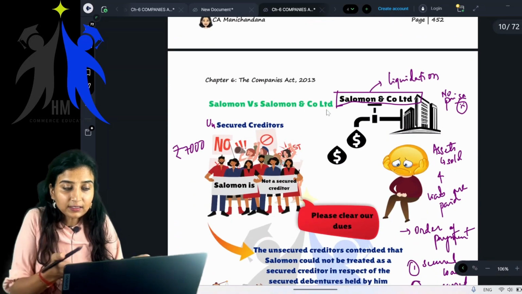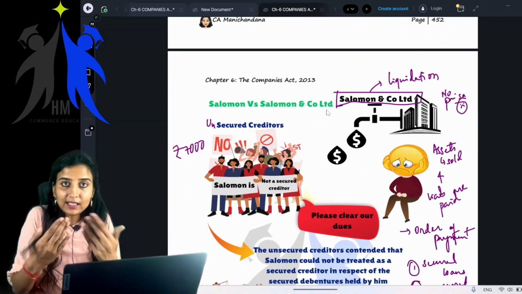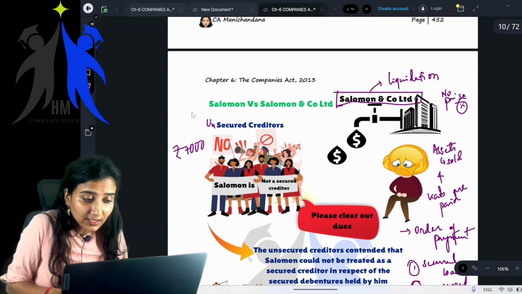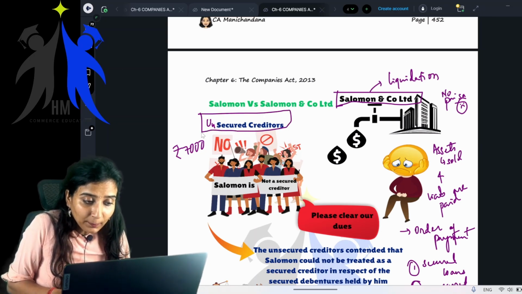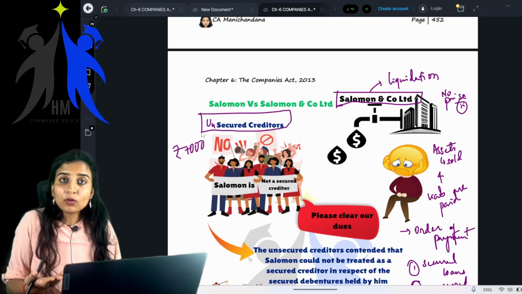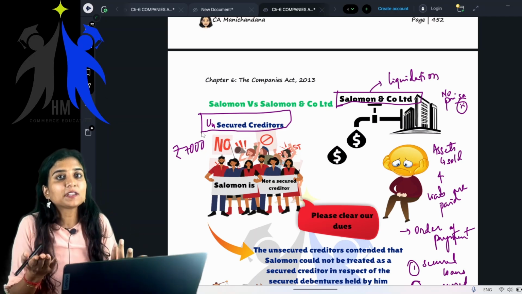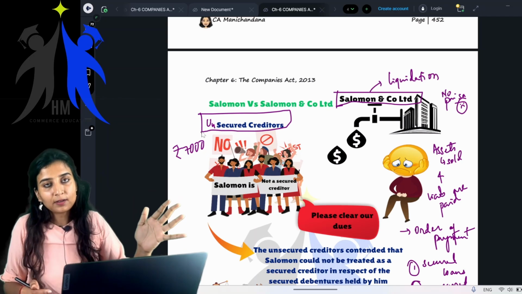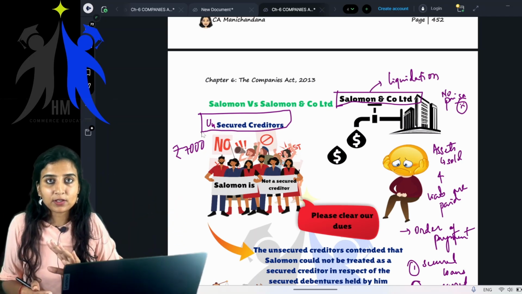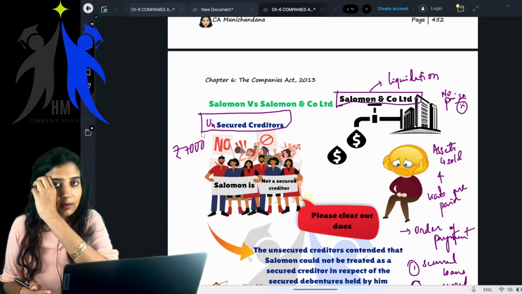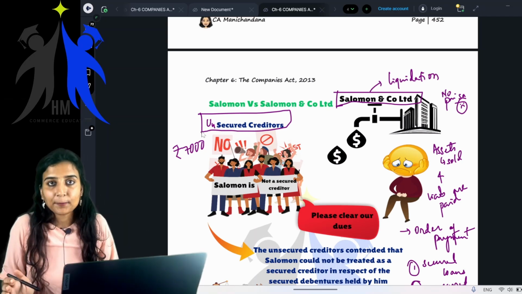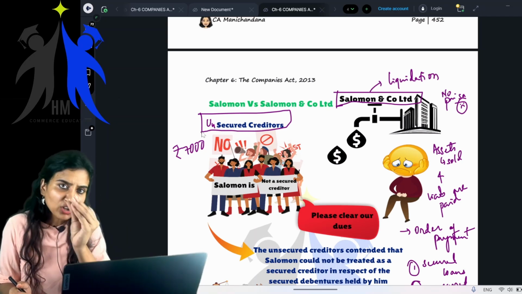Whereas these real third parties who have actually lent to the company are unsecured creditors, meaning their loan is not secured by the assets of the company. So if the assets get over by paying off the secured debenture holders, these unsecured creditors don't get anything, or they'll get only a little.